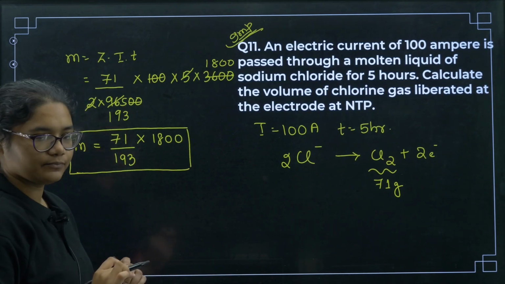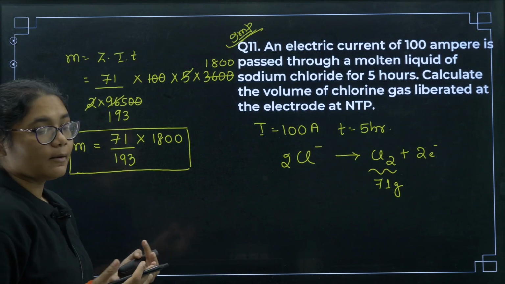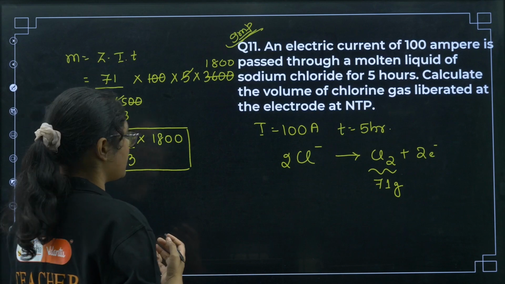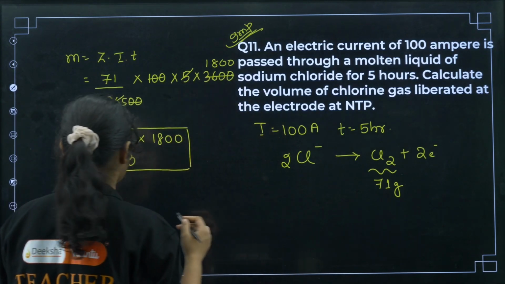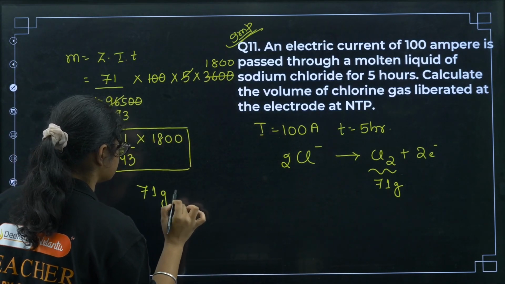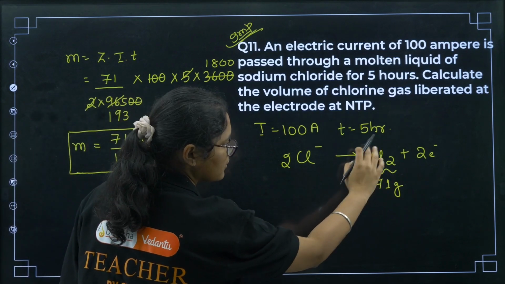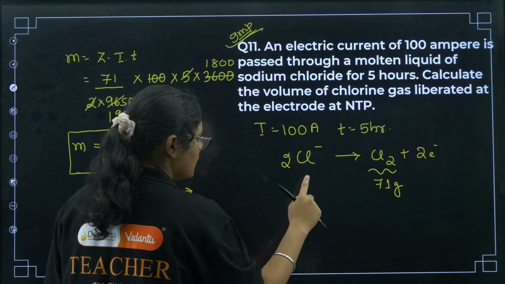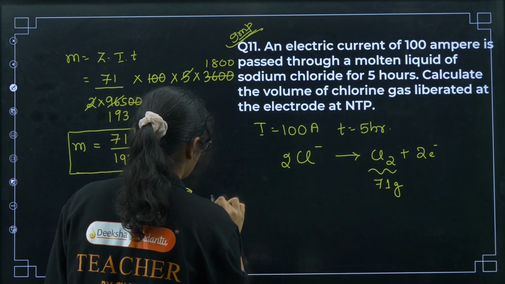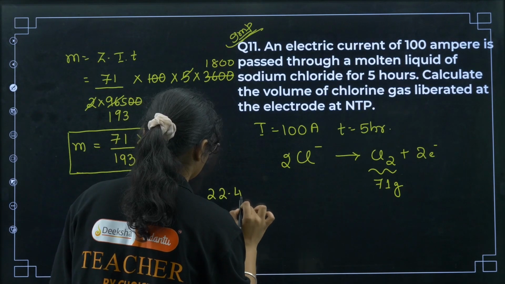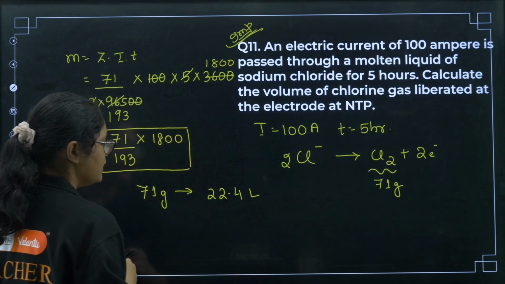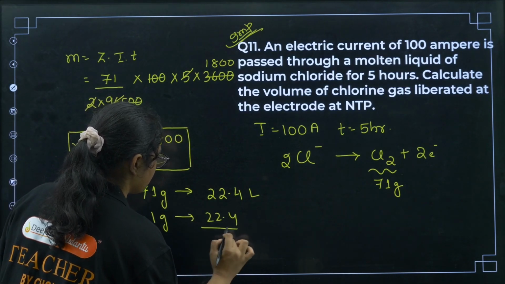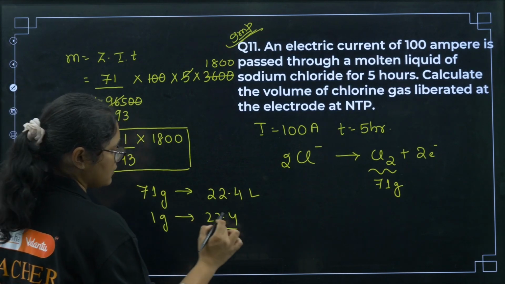This is the mass deposited. Now coming to the volume part. How to calculate that? If I have 71 gram mass, that is equal to 1 mole of chlorine, or I can say 1 mole is equal to 22.4 liter. But if it is 1 gram, then it is 22.4 by 71 liter.